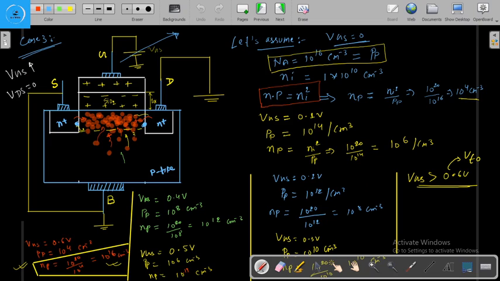In this case, the concentration of free electrons near the SiO2 interface increases. When the concentration of electrons near the SiO2 interface becomes equal to the concentration of holes in the substrate, inversion occurs, and the voltage applied for getting the inversion layer or channel is called the threshold voltage.